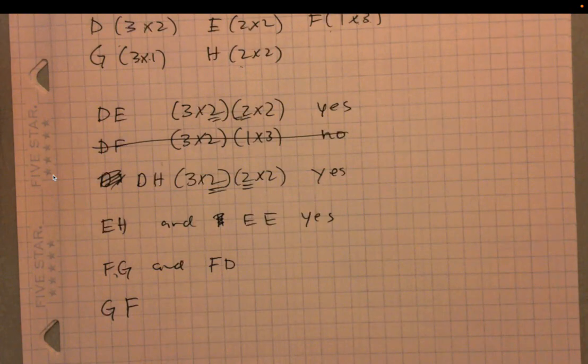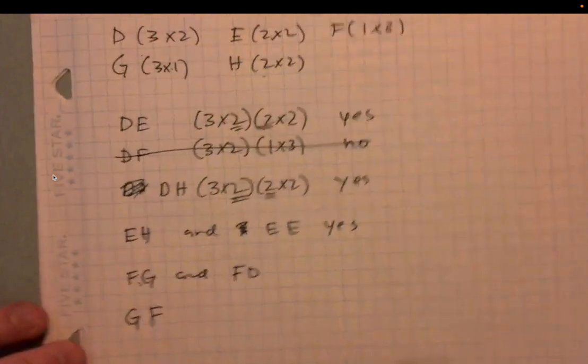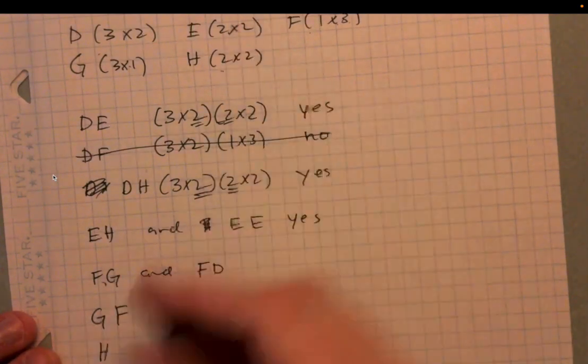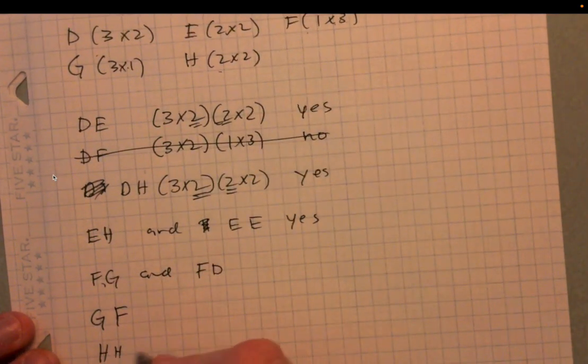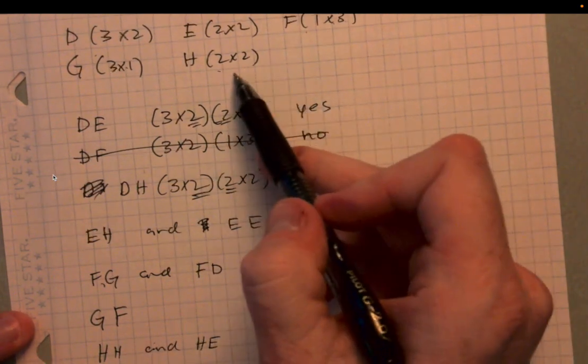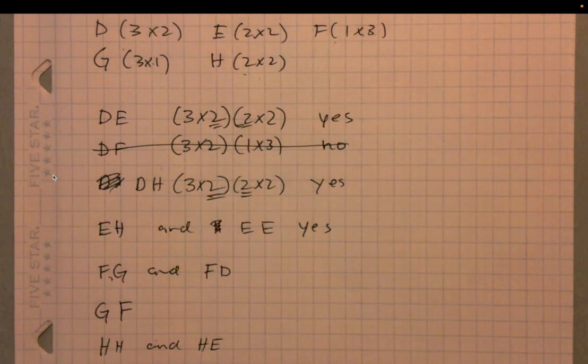Okay, perfect. And what about H? Well, H can be multiplied with E and itself. Right, any square matrix can also obviously be multiplied by itself. Right, so H works with itself. It also works against E.